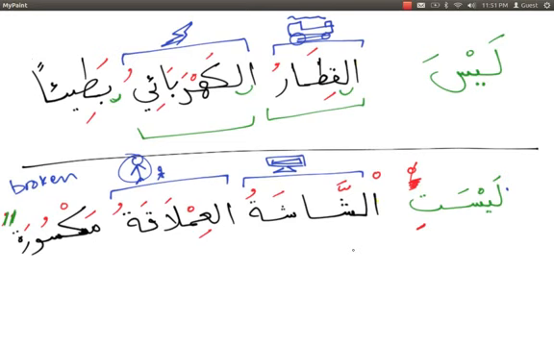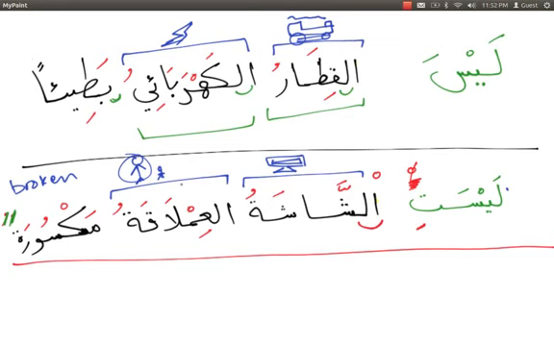And honestly, both are very common, very used. Even the newscasters and people who give speeches usually just say ليست. So if you want to be more fluent, you would say ليستِ الشاشة العملاقة مكسورة. And this is just because the next word starts with L, basically.